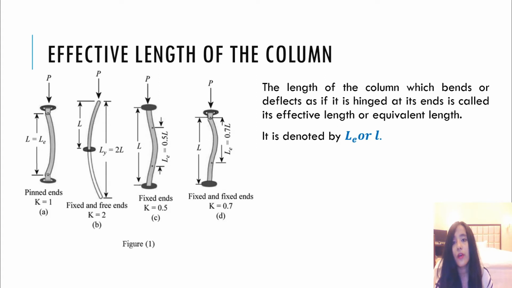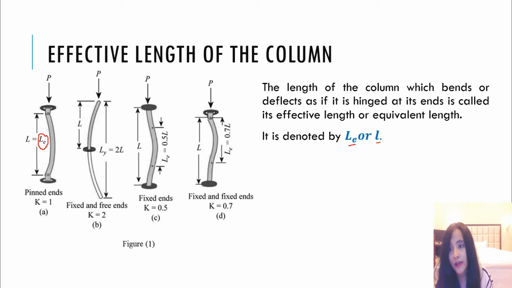So now, what is the effective length of a column? Right? Effective length is denoted by LE here, as you can see in this diagram, LE or a small letter l. Now this effective length of a column is that length.